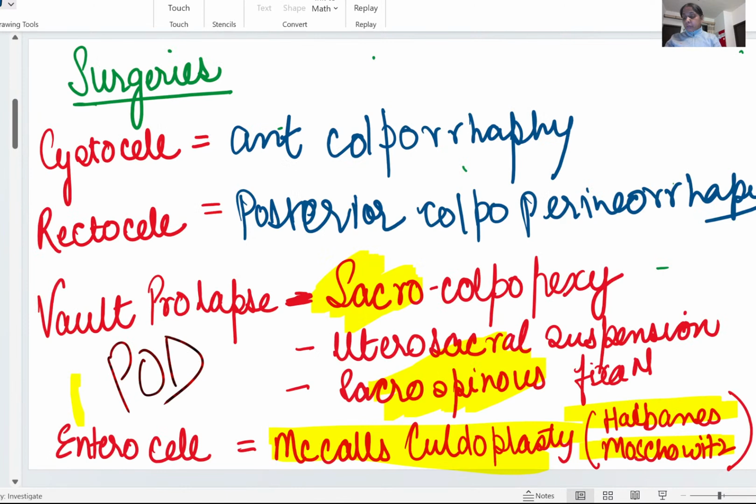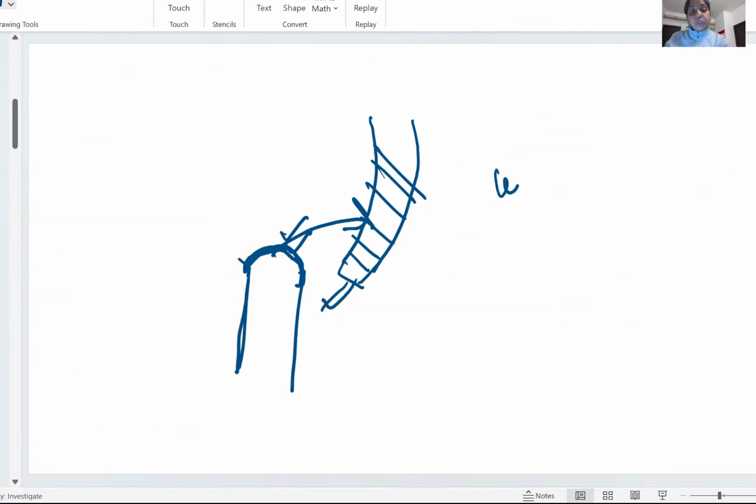sacrocolpopexy. Very good. We can also fix it to the uterosacral or sacrospinous ligament.